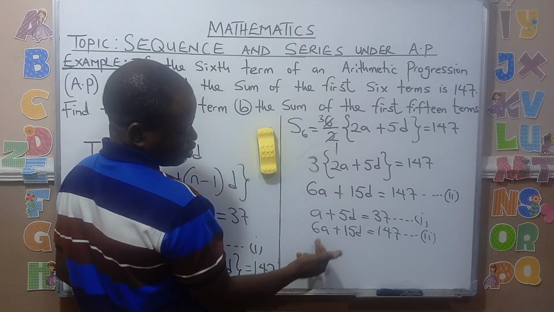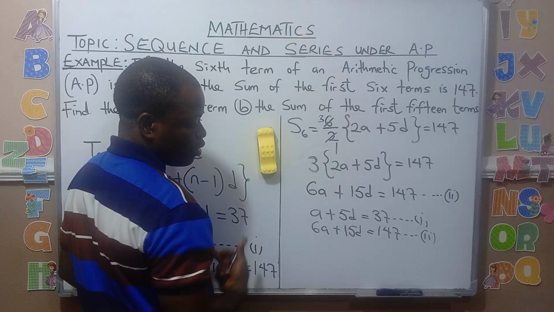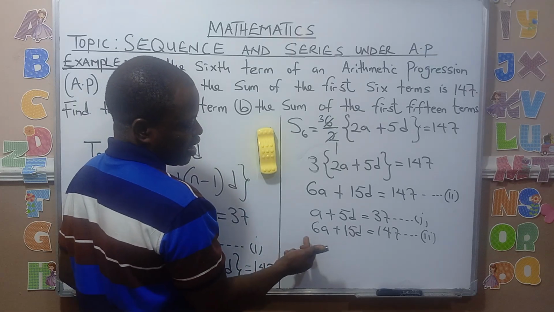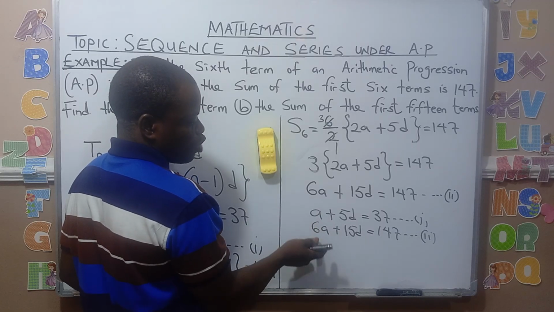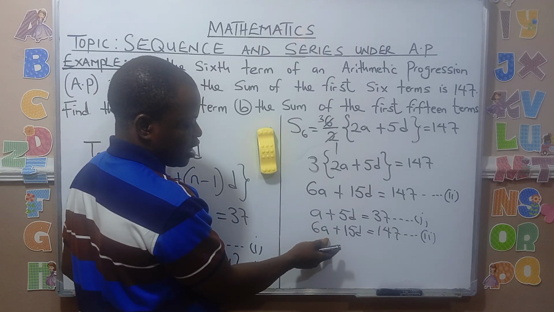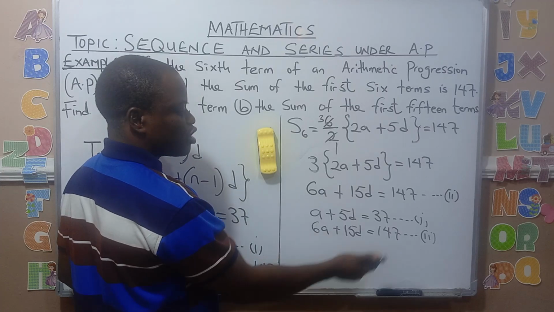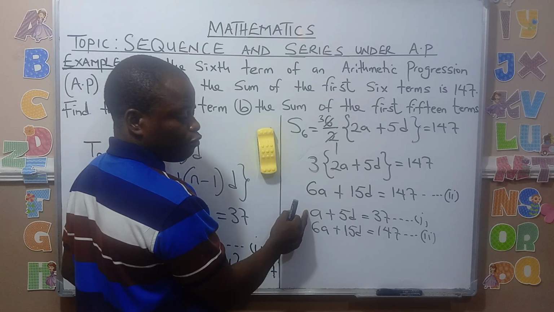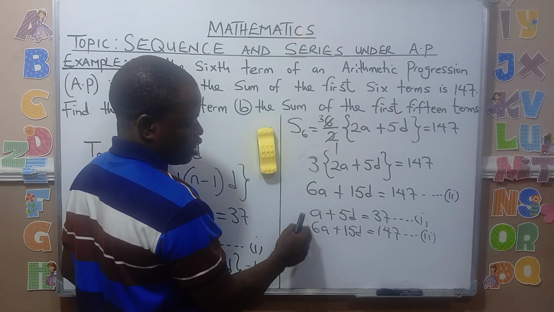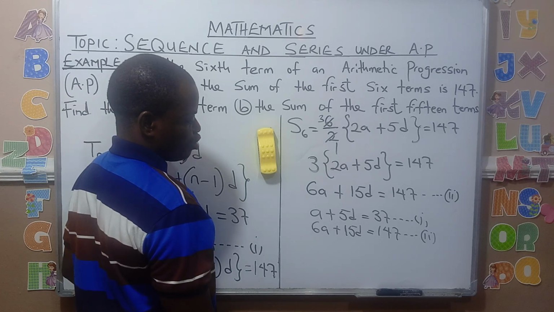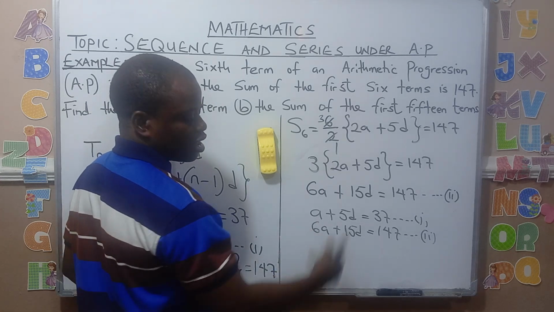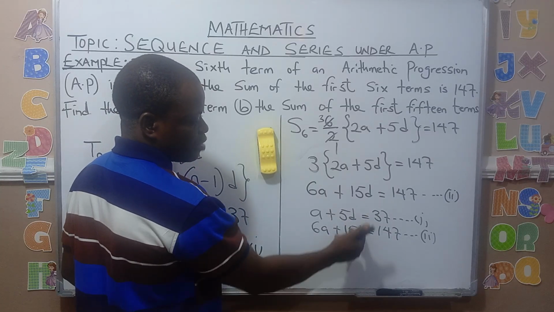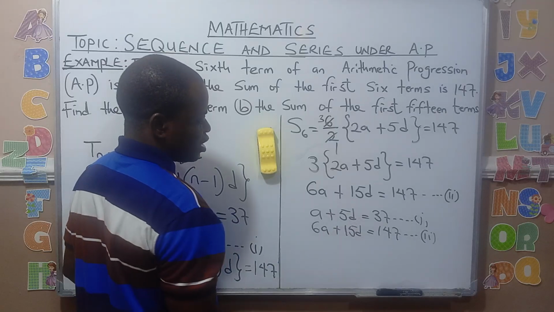You can either concentrate on eliminating A, but in my own case, I want to remove letter A. What I need to do is multiply equation 1 with the coefficient of letter A in equation 2, and also multiply equation 2 with the coefficient of A in equation 1, so that letter A can cancel out. We'll now be able to solve for the common difference, which is represented with small letter d.